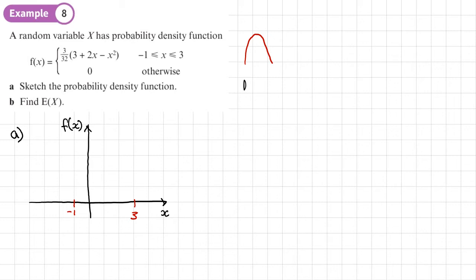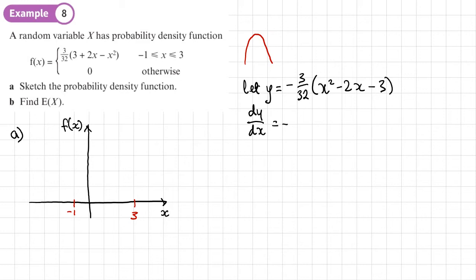So if I let y equal -3 over 32, taking the negative out, and write this as x squared minus 2x minus 3. It doesn't matter, I could leave the negative in there. Now dy dx is going to be -3 over 32, and then I'm going to have 2x minus 2.